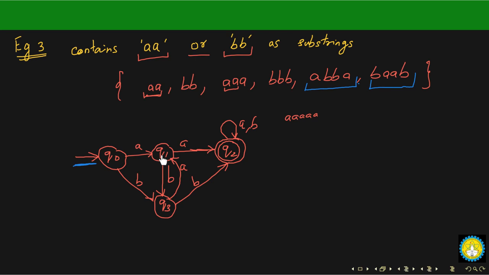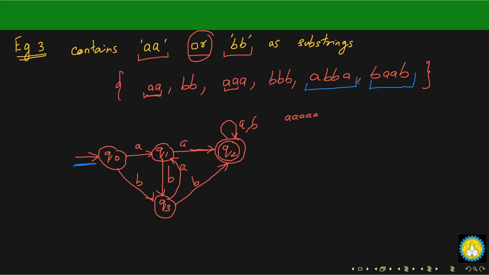So this is the final state, and this is an example of us being concerned with the OR clause here. We said the strings which contain AA or strings which contain BB as substrings. This type of question can be asked in many different ways.